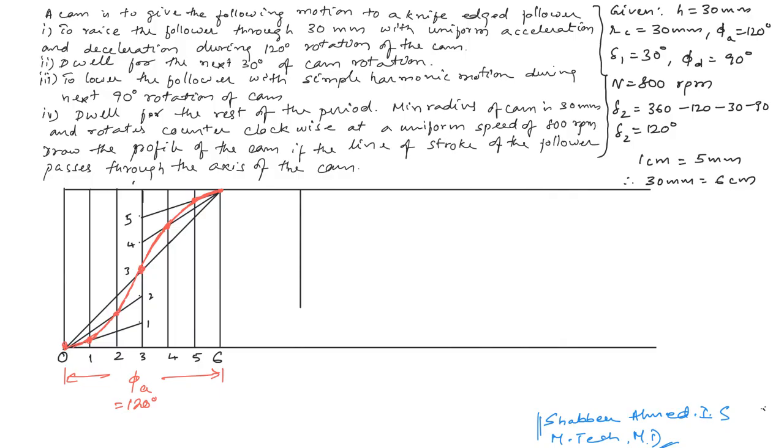So this will be the dwell. And now for the descent also, after the dwell segment, you divide into 6 equal parts. This is for the descent of the follower.